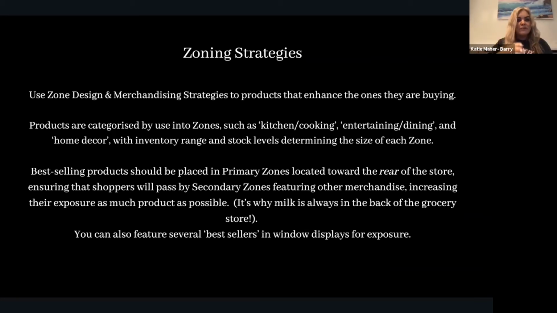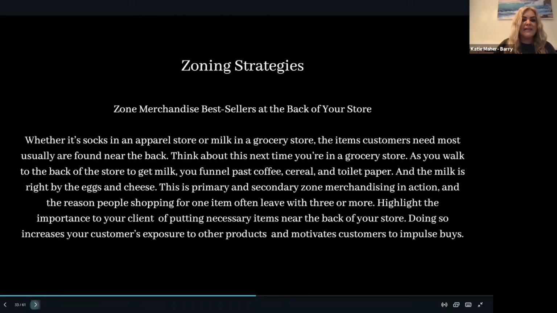So if this is the kind of premises you have, make sure everything is well signposted for people to get around. The best-selling product should always be placed in primary zones located towards the rear of the store, ensuring that shoppers will pass by secondary zones. So again, you're constantly trying to expose people to as many of these products as you possibly can.